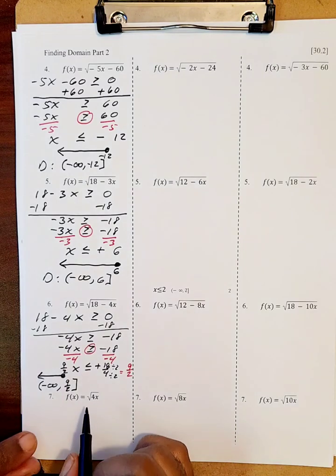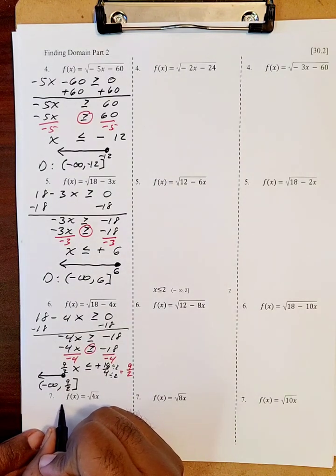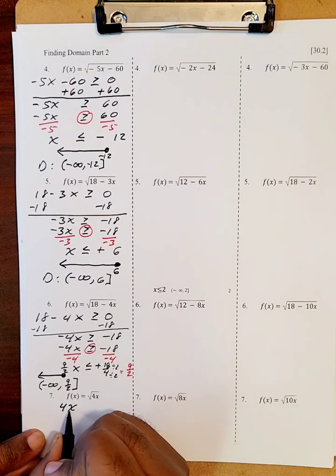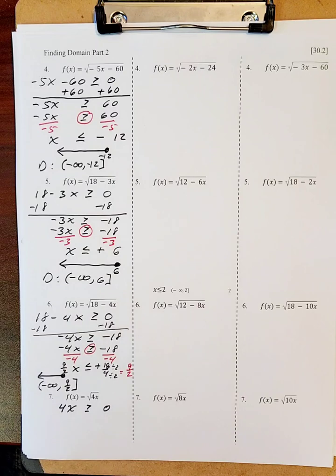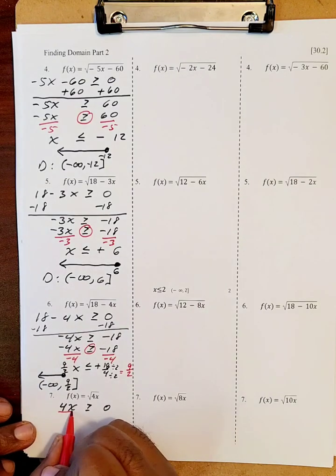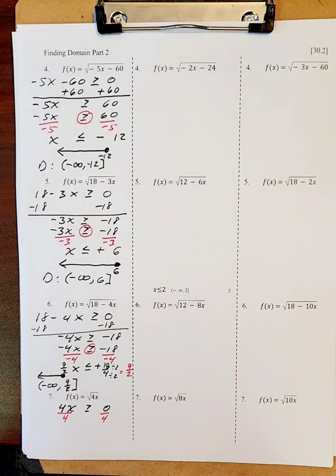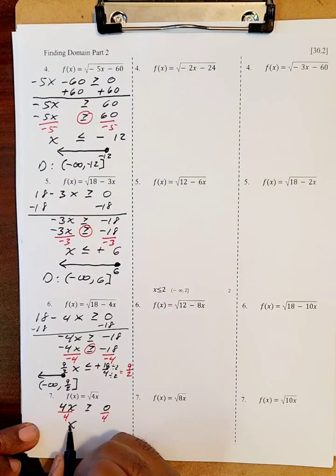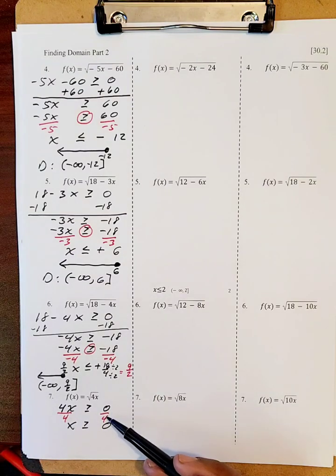Lastly, we have the square root of 4x. We'll take the expression out, which is the 4x, and set it greater than or equal to 0. Then we're going to divide both sides by 4 in order to get x by itself. This will give us x is greater than or equal to 0, because 0 over 4 simplifies to a 0.